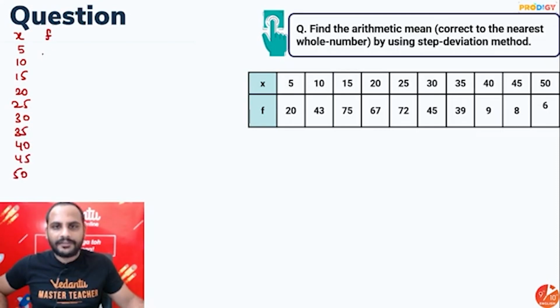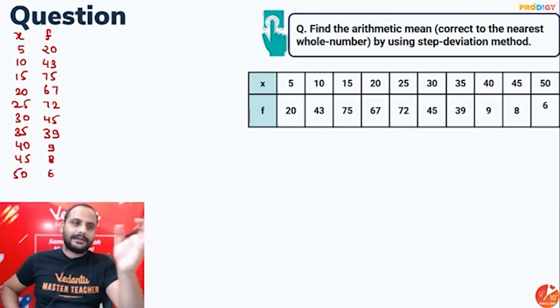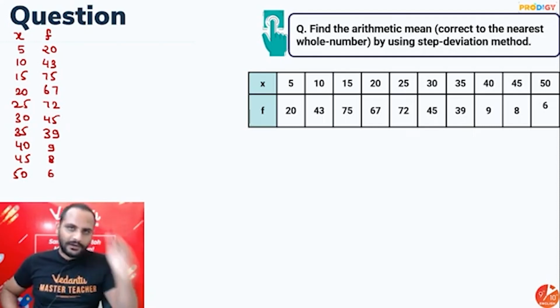Values of f are given, look, f is so big: 20, 43, 75, 67, 72, 45, 39, 9, 8 and 6. Values are big. If you use the direct method, it is going to take a lot of time.